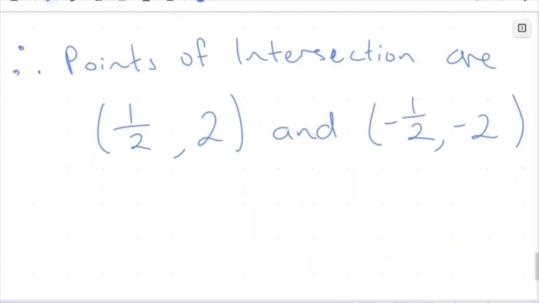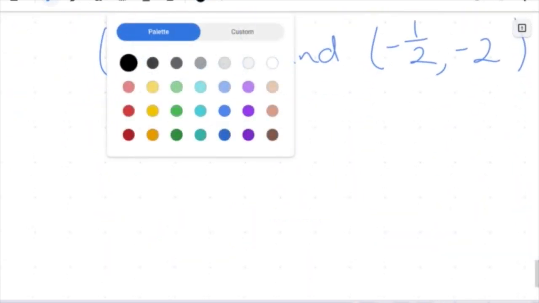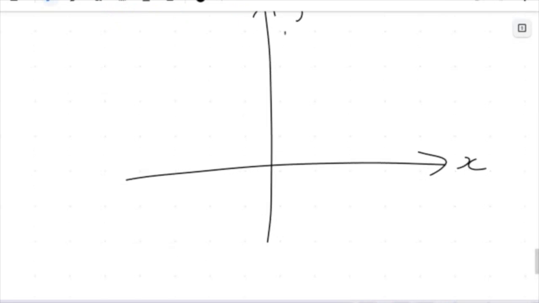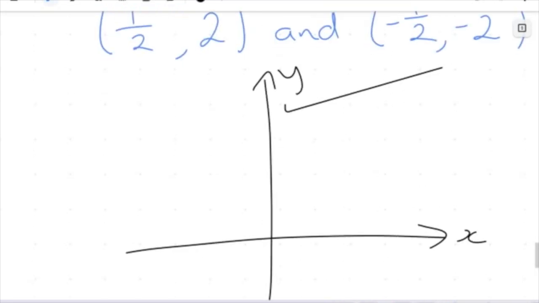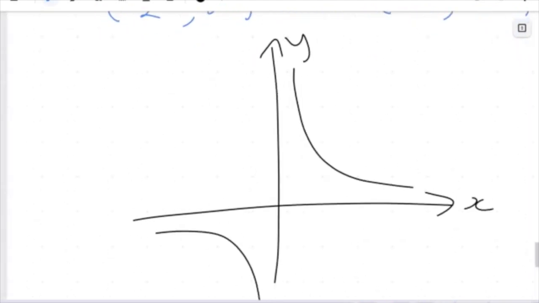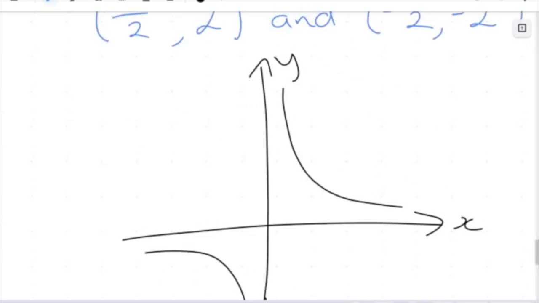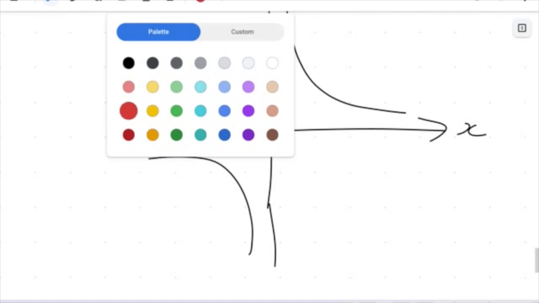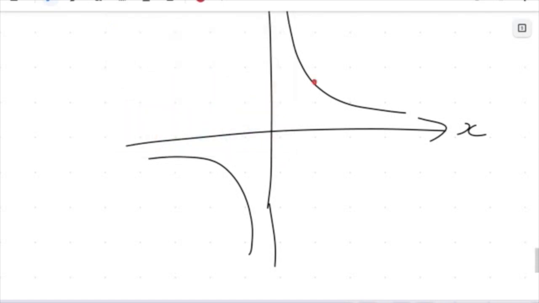Now let's just clarify that this is right graphically. So we're going to draw my two axes. So I have this one here, and this one here, and I have a hyperbola y equals 1 over x. So let's actually just sketch in a couple of points here.